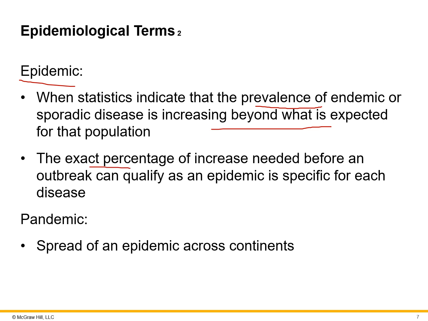There is no exact percentage needed before an outbreak can qualify as an epidemic, but it has to reach a certain level or threshold. And then we also have pandemic, and this is where things are moving across continents. Again, COVID, another example there. It was in China, it was in the US, it was in Europe. So it was a pandemic.